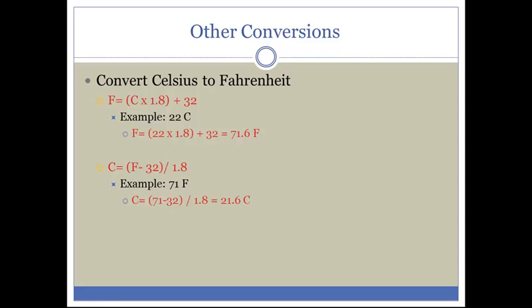For Celsius, we take Fahrenheit minus 32, and then we divide it by 1.8. So if we had 71 degrees Fahrenheit, we would put the 71 where the F is in the equation here. And we would do what is in parentheses first, so 71 minus 32. And then we would divide that by 1.8, which equals 21.6 degrees Celsius.